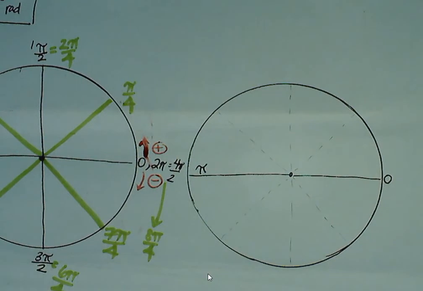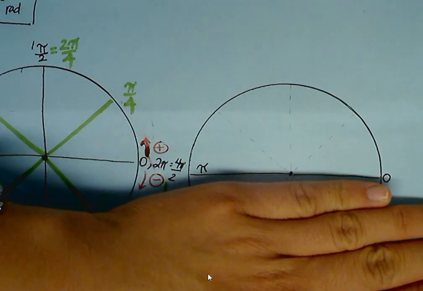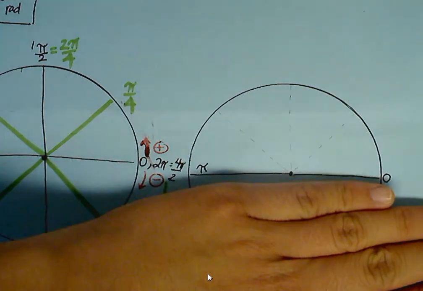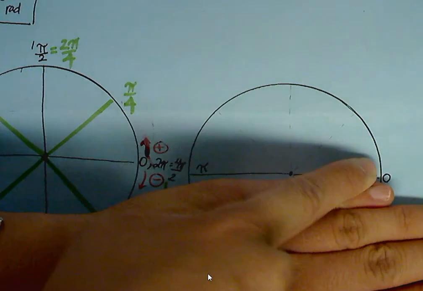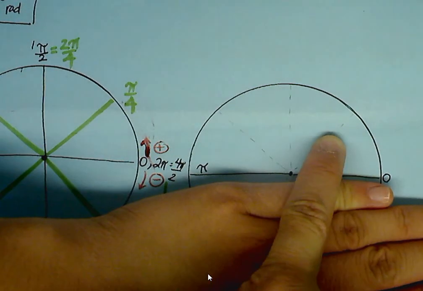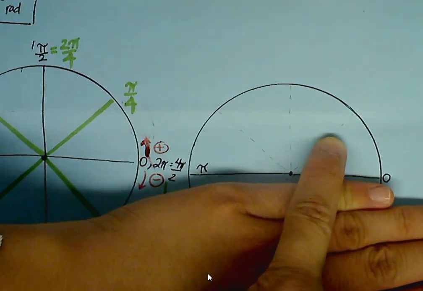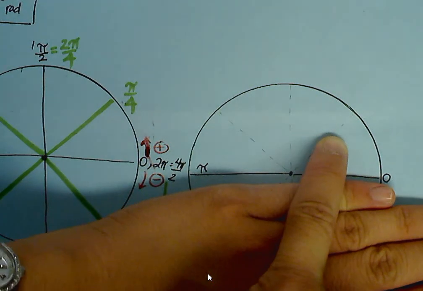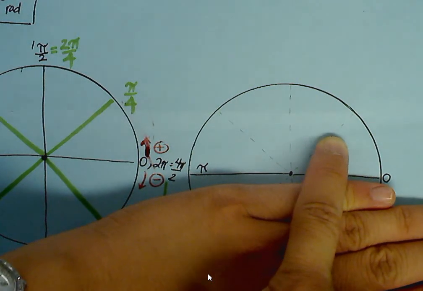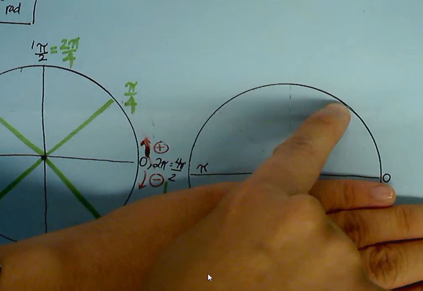If I'm gonna divide my circle, this is my pie, right? If I'm gonna divide into 3 pieces, is 1/3 gonna be more than 1/4 or less than 1/4? More. If you're sharing with 3 people, you get more than if you share with 4 people, right? So 1/3 is gonna be bigger. So I'm gonna use a different color.